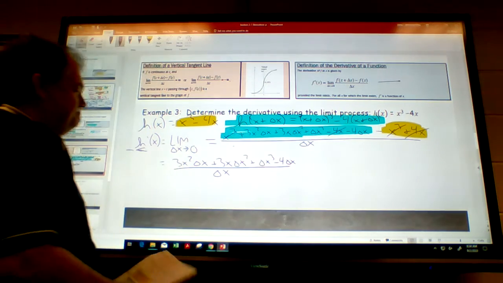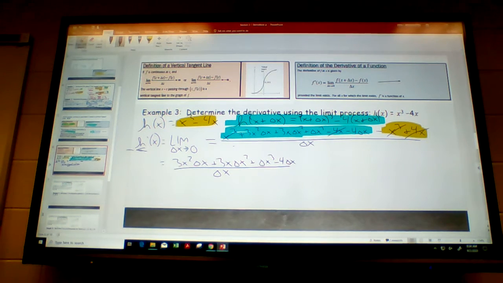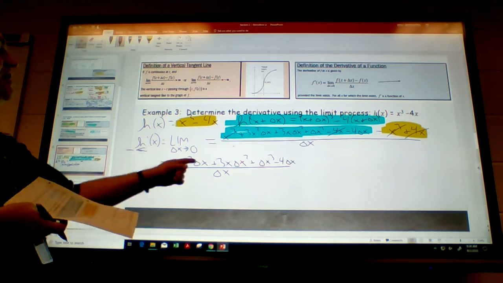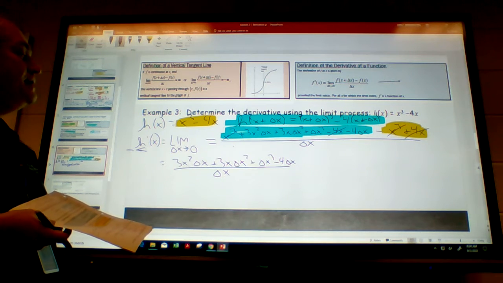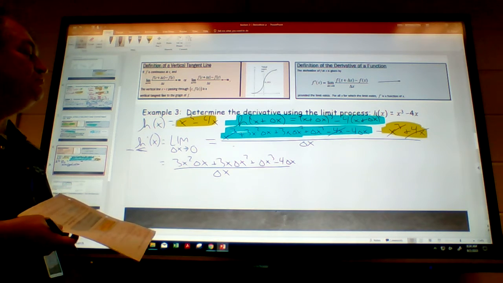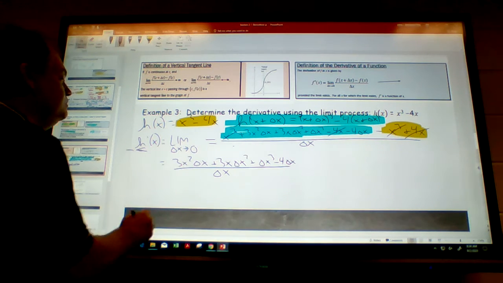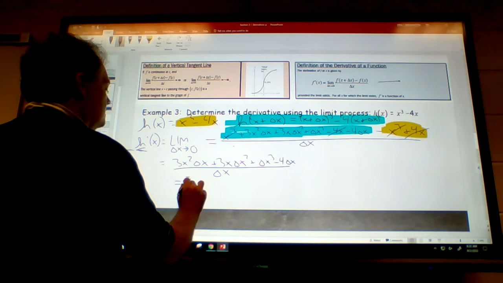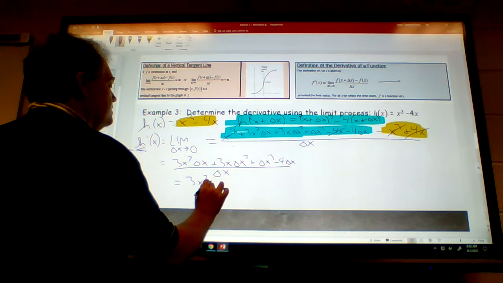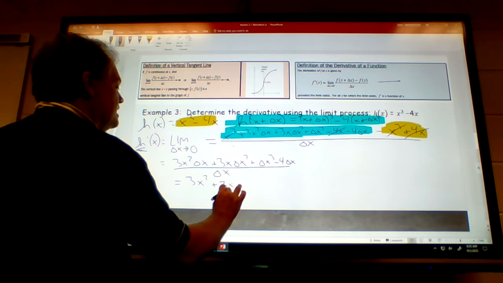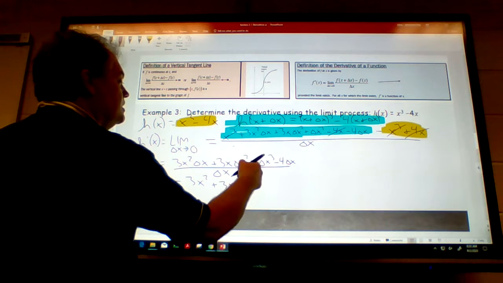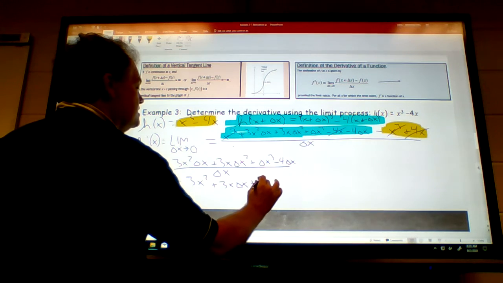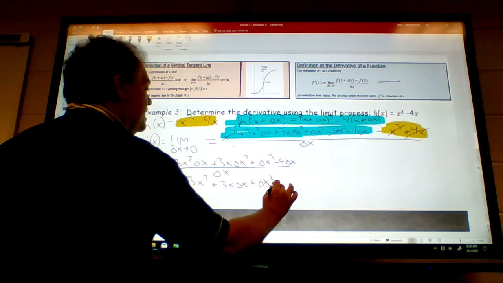All right, now what you want to do is simplify and cancel out all the like terms. Well, each of these terms has at least one delta x. So when we do that, we're left with 3x squared plus 3x delta x plus delta x to the second minus 4.